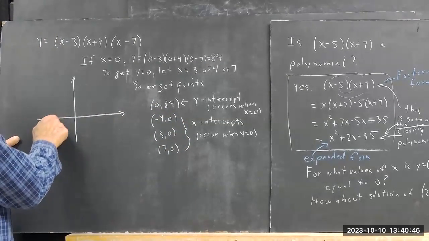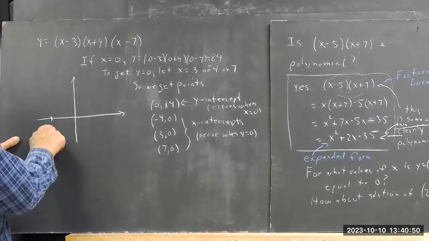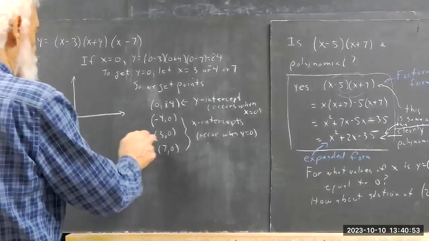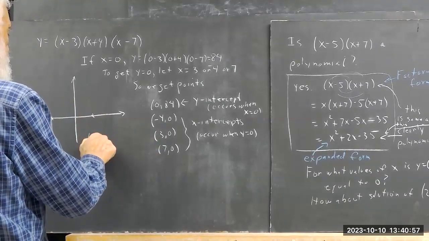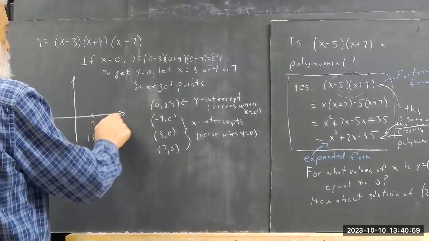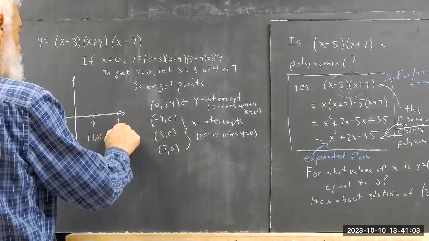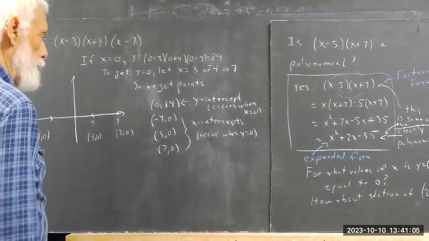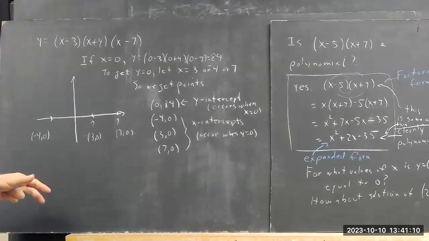We'll put that here. 3, 0. And 7, 0. And then we have 0, 84.